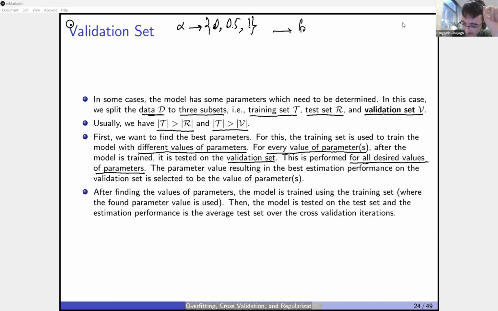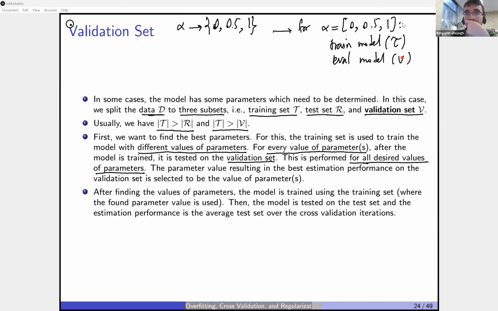Then for alpha in the range, either it is 0 or half or 1, you train your model with that alpha on the training set, and then evaluate your model on the validation set. After this, you will see which of these alpha values gave a better performance on the validation set. Then you choose that alpha.